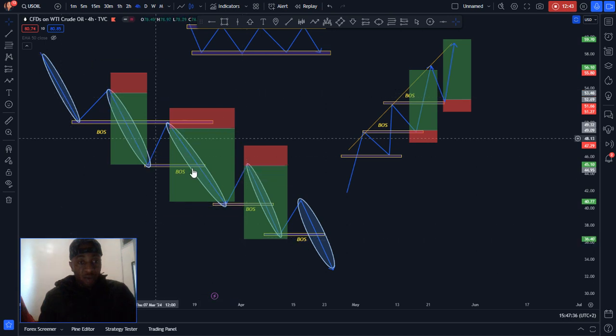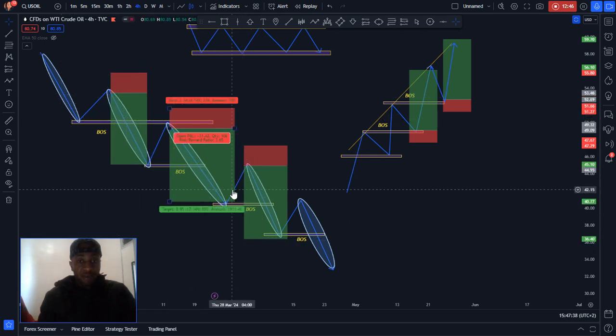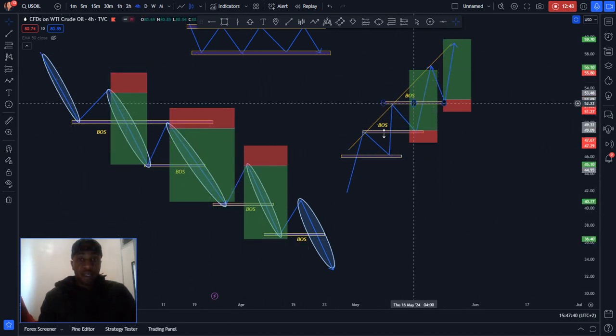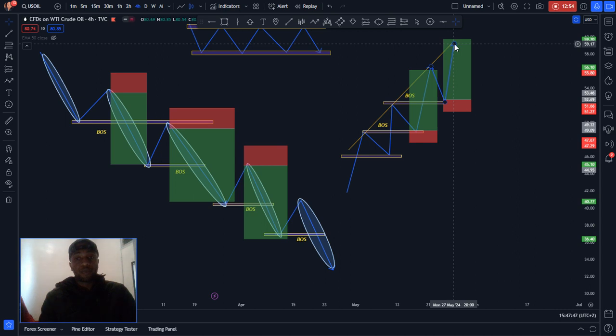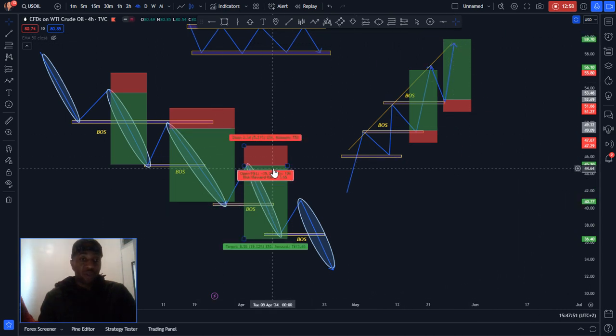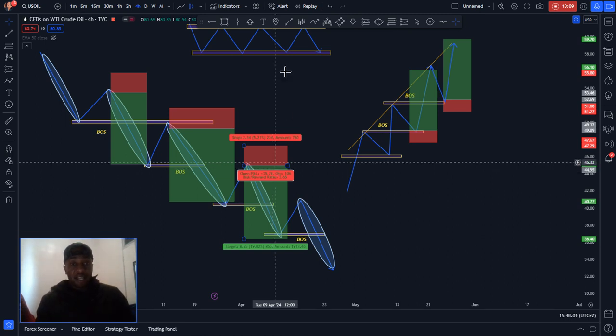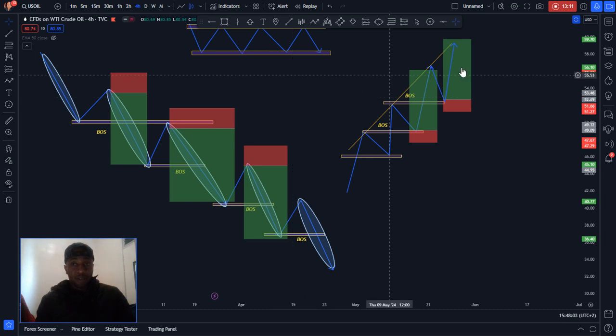You would still continue taking sells in a downtrend, or buys in an uptrend, until the market has indicated the sign that it might be reversing. So this was the continuation pattern. Keep note of that, and then we're gonna go to the reversal pattern, or the reversal sign that the market is about to change direction.